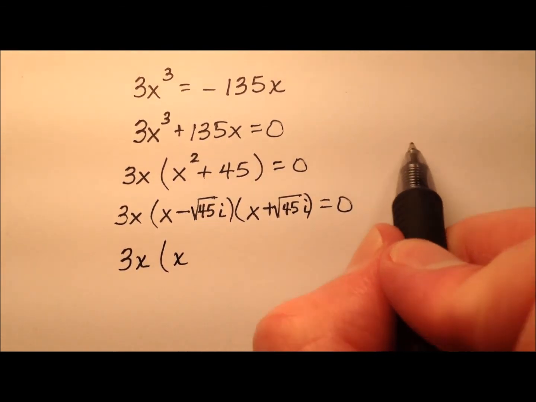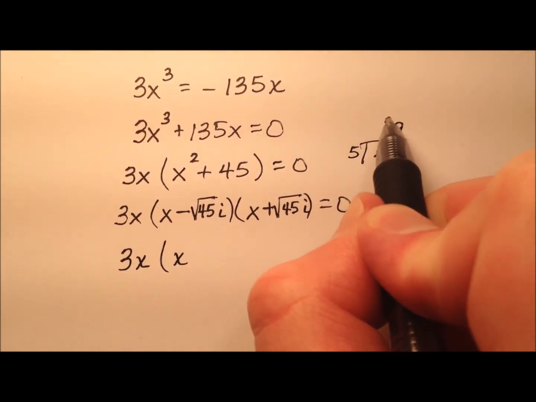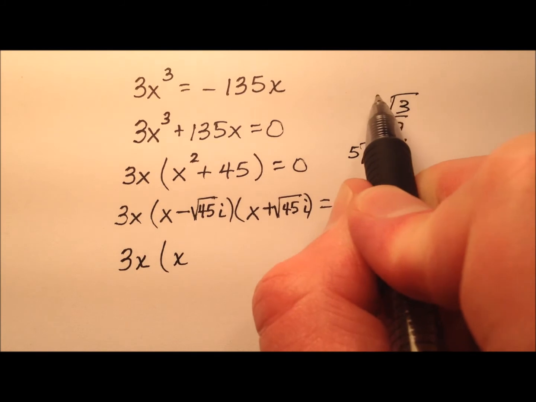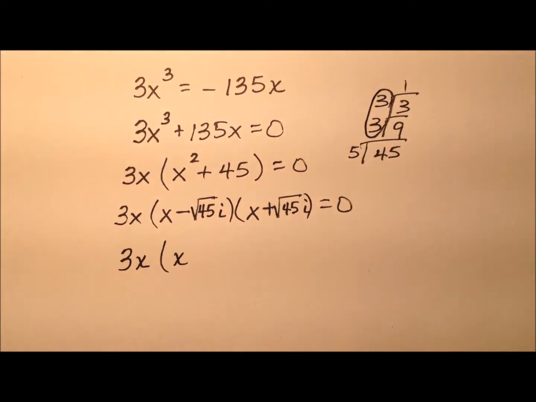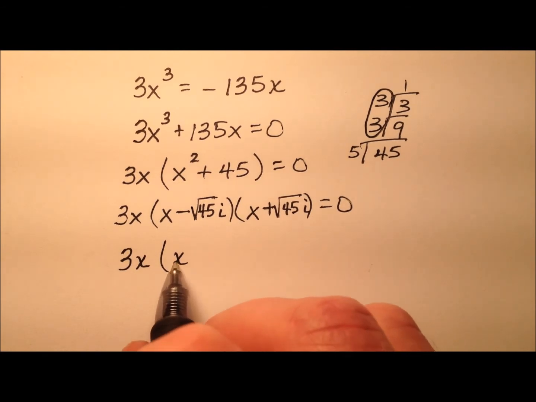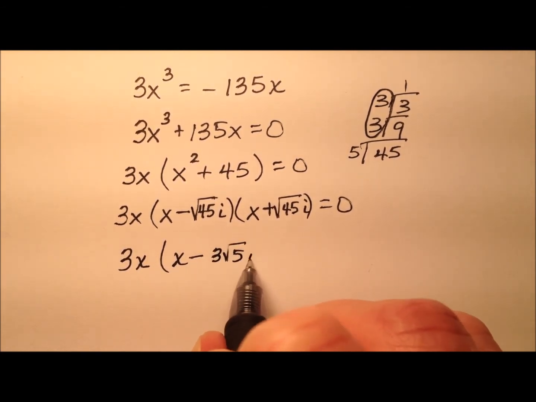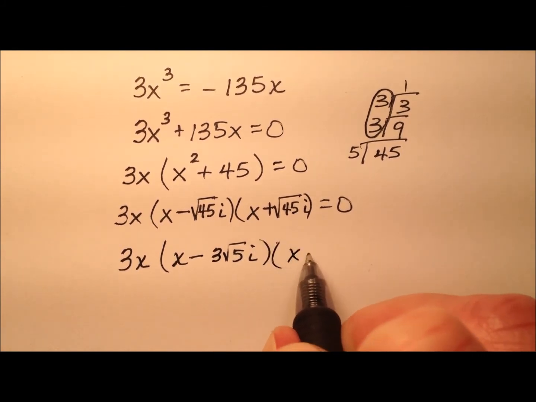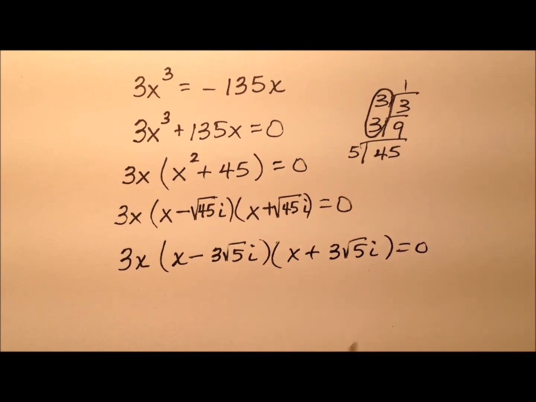And 45 comes out to be 5 times 9, which is 3 and another 3. So it looks like I have a pair of 3's. So this will simplify as x minus 3 radical 5i and x plus 3 radical 5i, and that equals 0.